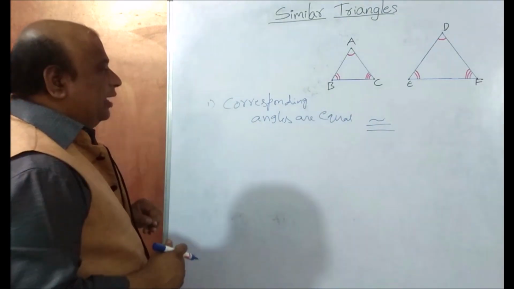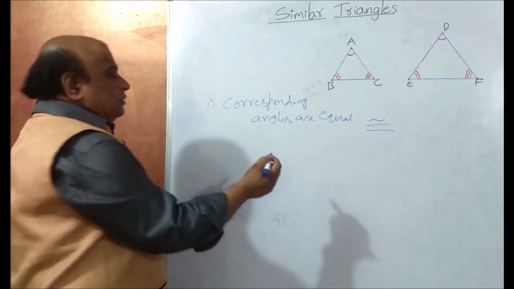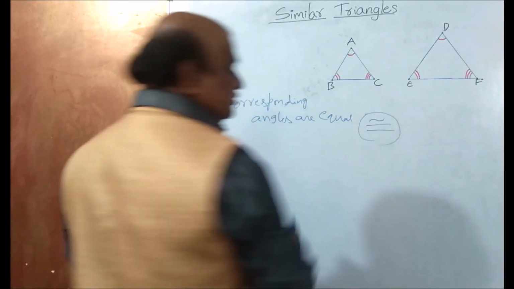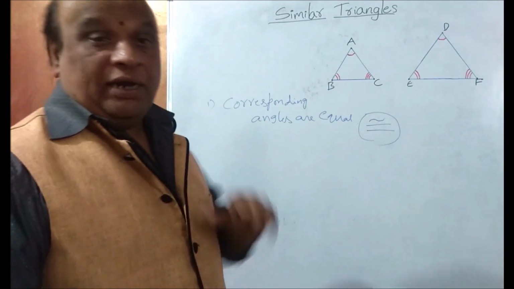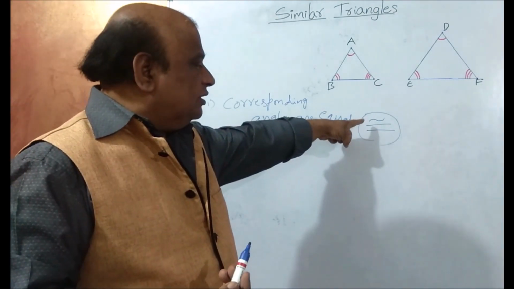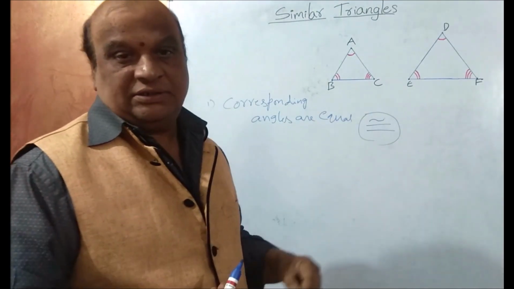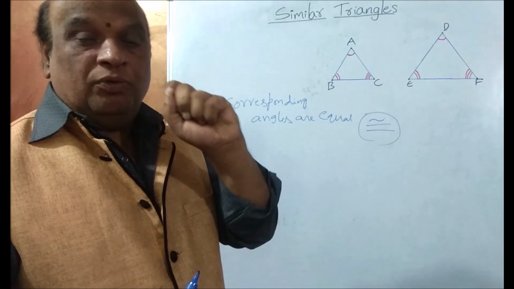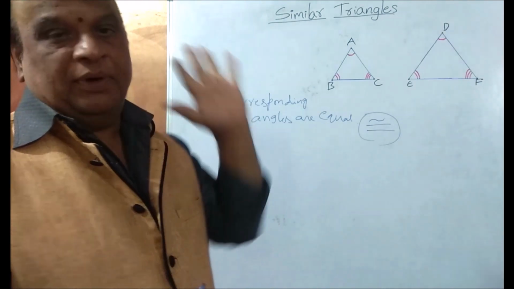One more thing, students. Here this is the symbol for congruency. What is the symbol for similarity? Here these are two conditions for congruency: same shape and same size. But similarity means we are taking only shape.